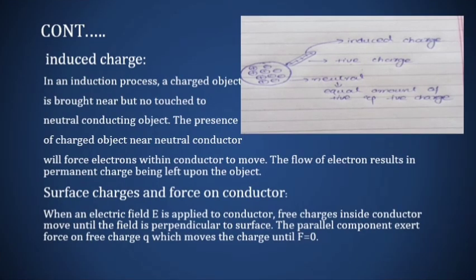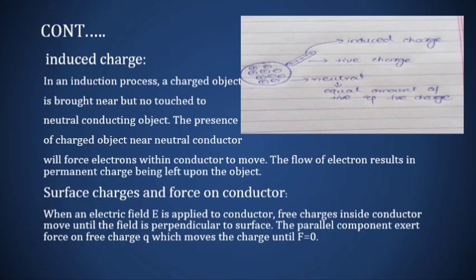What is induced charge? In simple words, from the figure we can say that if we hold a charge plus Q near an uncharged, meaning neutral, conductor, the two will attract one another. The reason is that Q will pull minus charges over to the near side and repel plus charges to the far side.